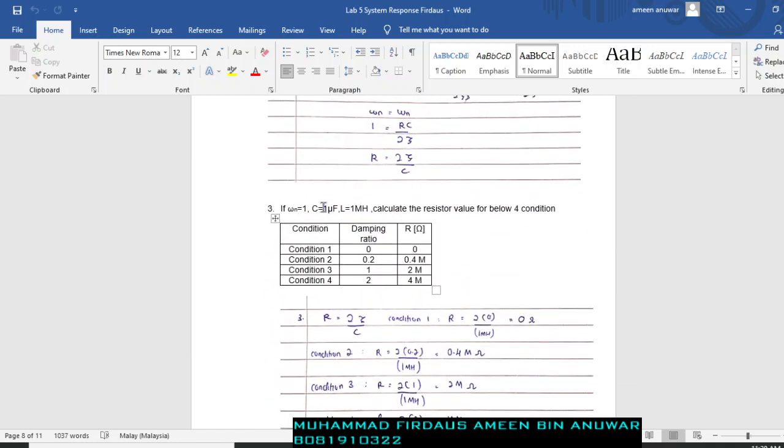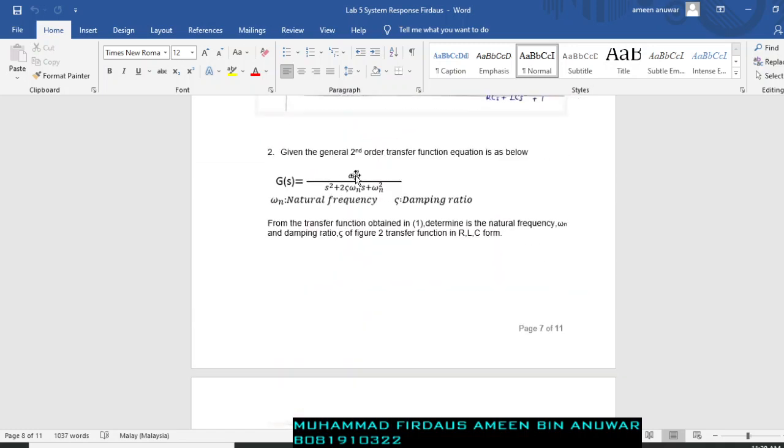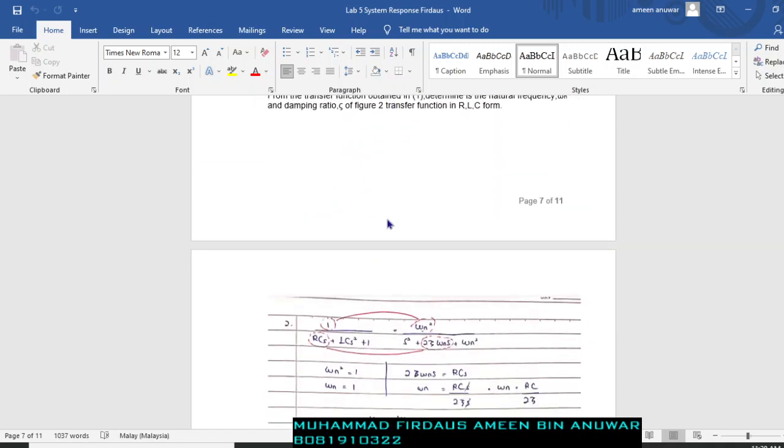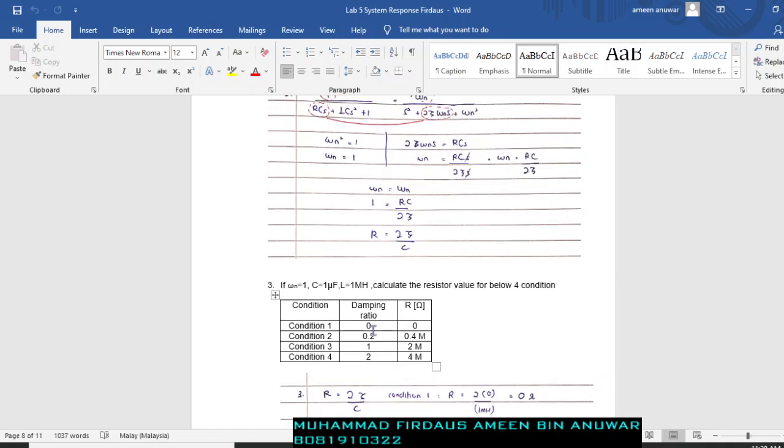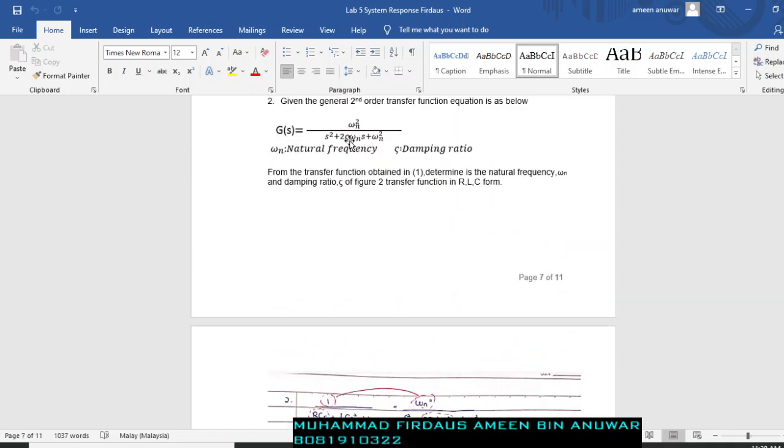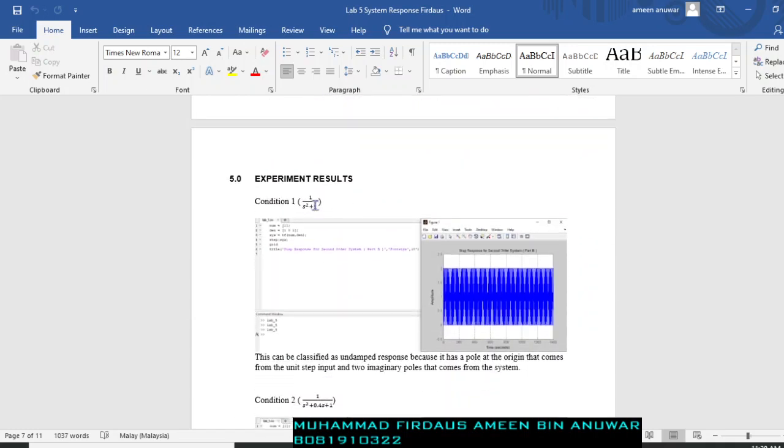The omega n is equal to 1, and our damping ratio here is 0, so we cancel out this part. The only thing left is 1 over s squared plus 1. So that's why I obtain this 1 over s squared plus 1.